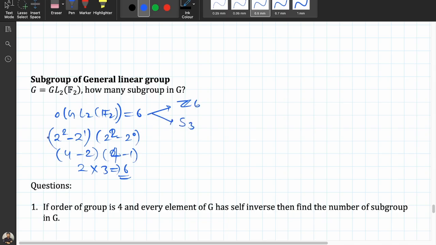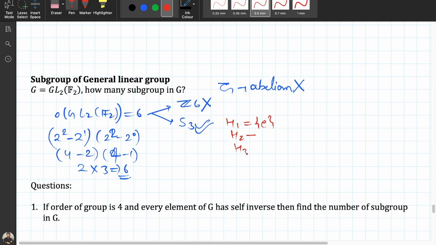Now we know that the general linear group is a non-abelian group, so it can't be cyclic, which means it is equivalent to S3. How many subgroups does S3 have? H1 is the identity, then H2, H3, H4 of order 2, H5 of order 3, and H6.